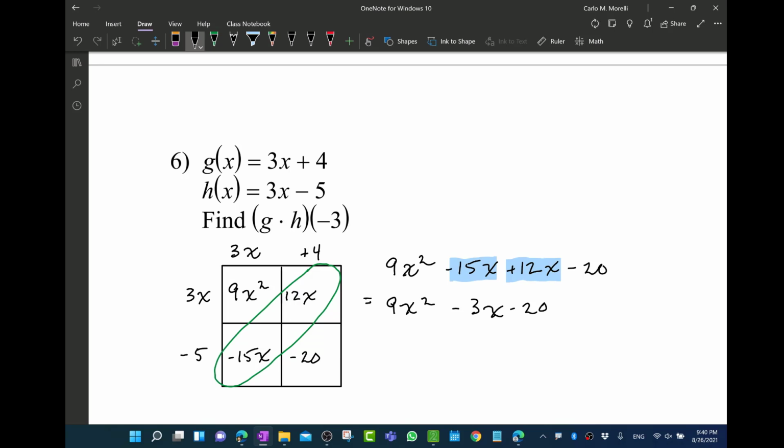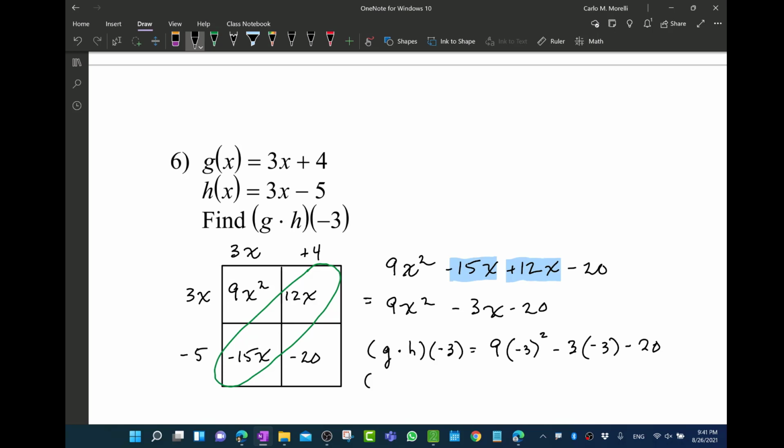So what we're going to say is g times h of negative 3 equals 9, open parentheses, negative 3 squared, minus 3, open parentheses, negative 3 minus 20.